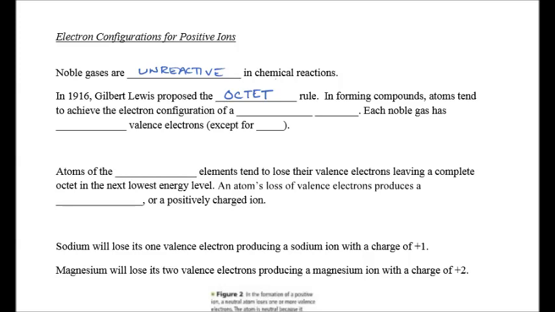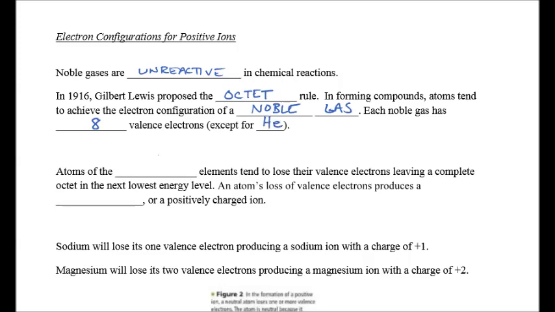Every atom tends to want to achieve the configuration of a noble gas. Each noble gas has 8 valence electrons, except for helium, which only has 2.